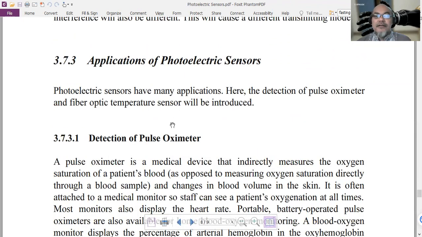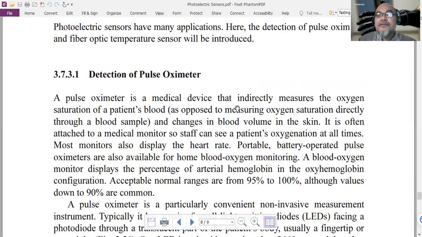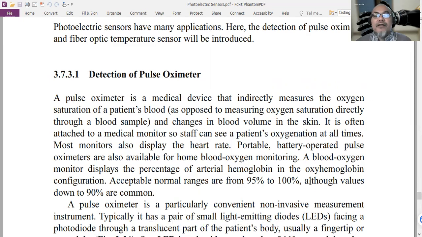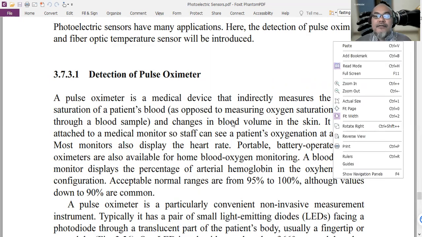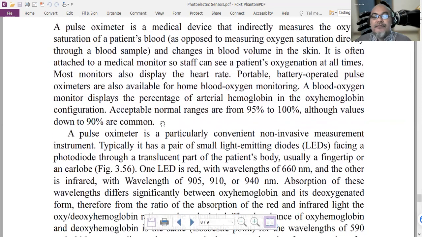So these are now the applications of photoelectric sensors we have mentioned earlier, as used in the pulse oximeter, of course, to detect the transmitted radiation or the reflected radiation from the blood vessel, where we can deduce from there the content of the oxygen level inside the blood.